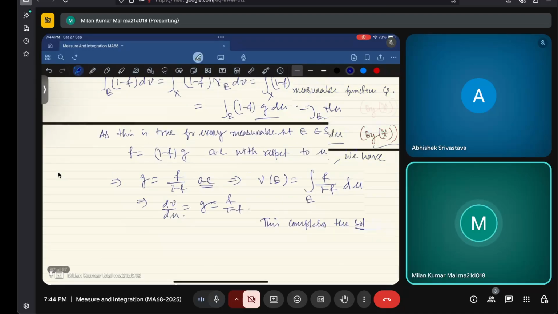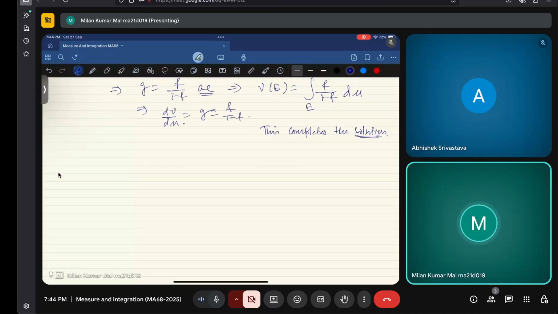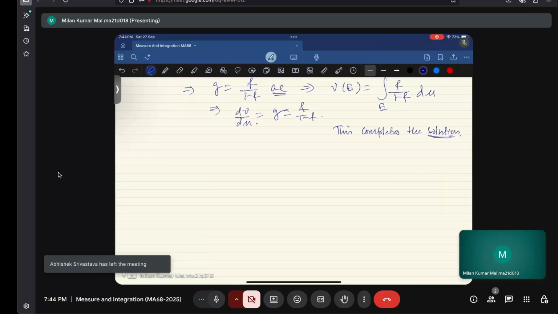This way we are able to prove that this is the Radon-Nikodym derivative. Okay.